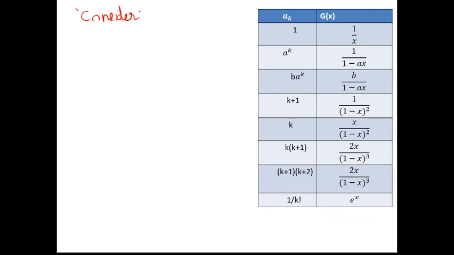Consider the right hand side and apply the partial fraction method. So it is 1 plus x upon 1 minus x into 1 minus 3x. Make sure that the linear term should be either in the form 1 minus x or 1 minus ax.